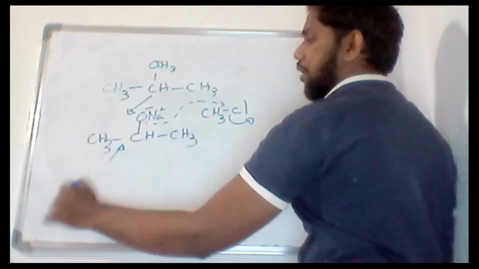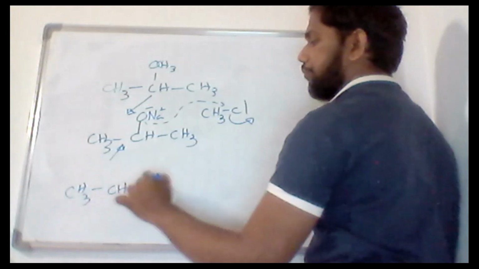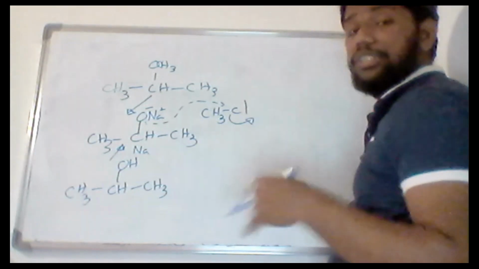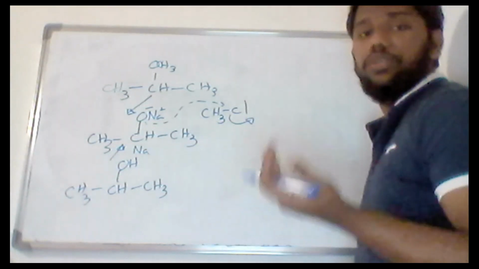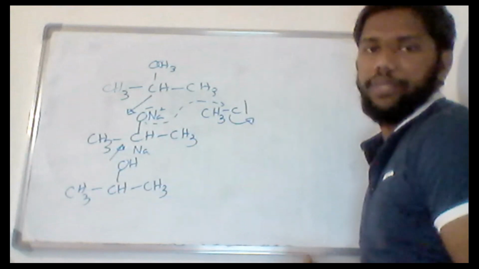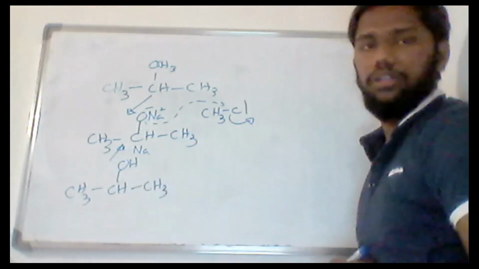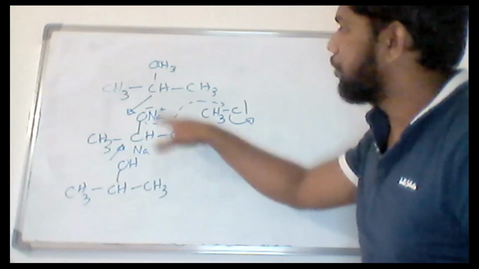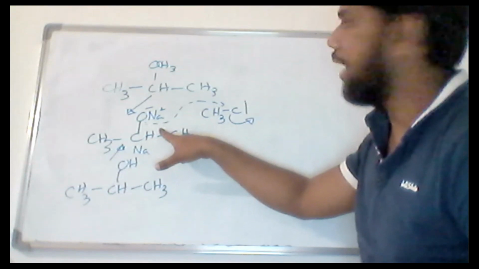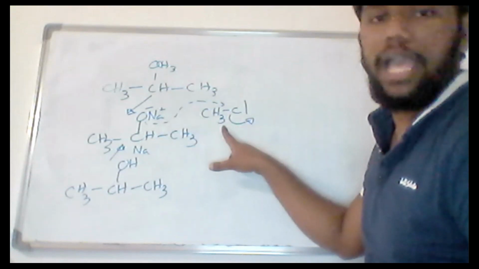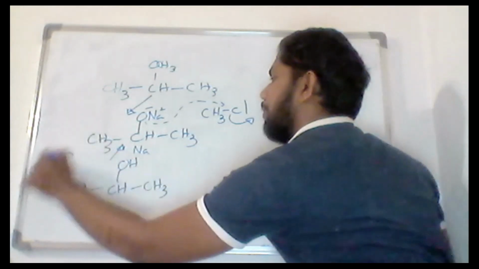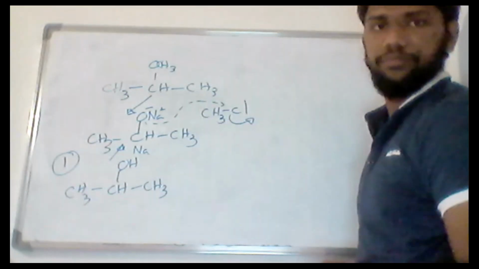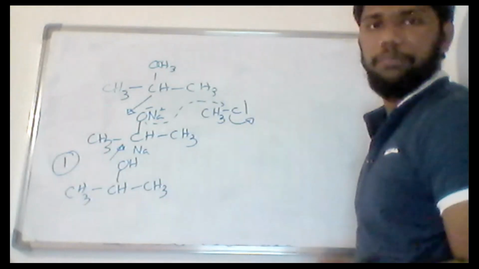You can obtain this if you have this alcohol, OH, and you react it with sodium, because alcohol does not react with sodium hydroxide. So if you have an alcohol, you first react it with sodium to form the alkoxide, O minus. Then you add it to an alkyl halide. So this is our first method to form this particular compound.